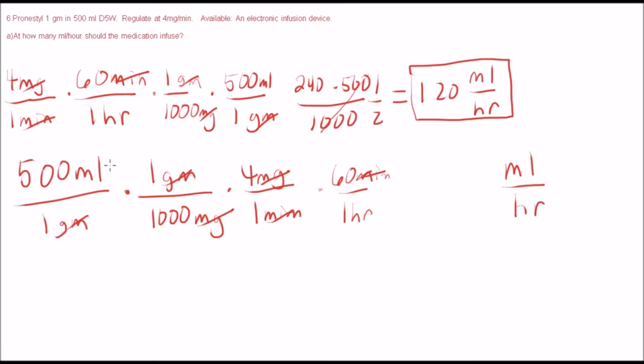And again, we end up with the same thing. We end up with 500 times 4 times 60 over 1,000. Same thing we ended up with here. So as long as you're following the steps and converting things as you go, it doesn't really matter where you start. You're going to end up in the same place. Starting at a different place, we use the same information, same conversion, and we ended up in the same place.